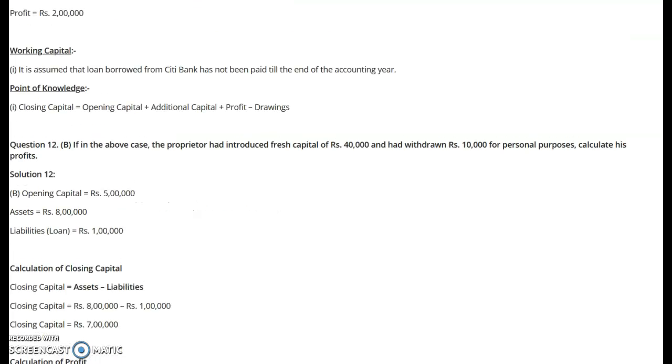Additional capital introduced during the year, 40,000, is given. Then the amount of drawings is also given. That is how much? Rupees 10,000 for personal purpose. Now only one thing is missing, that is profit or loss. If the result comes in plus, the result will be profit. If the result comes in minus, the result will be loss.